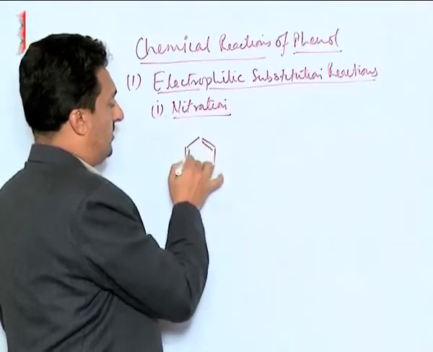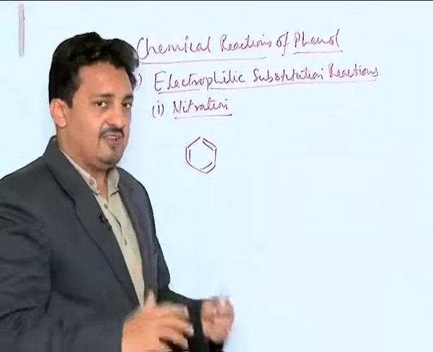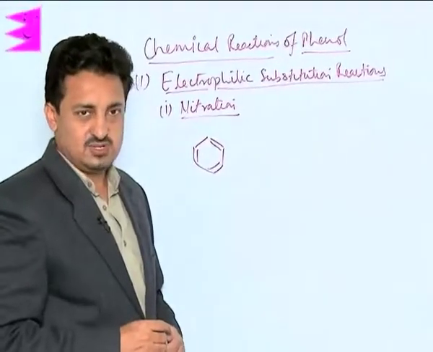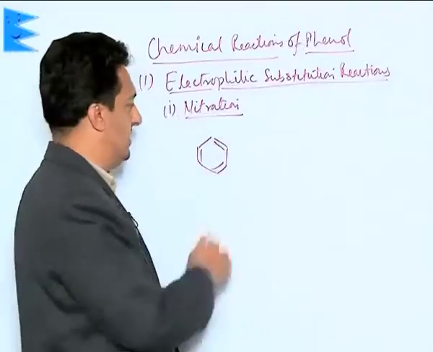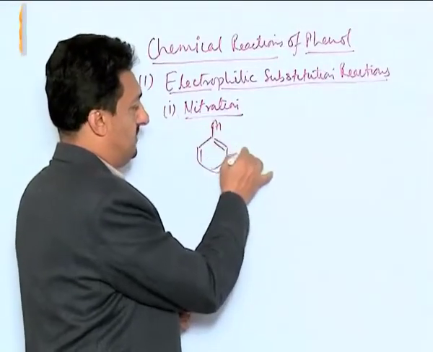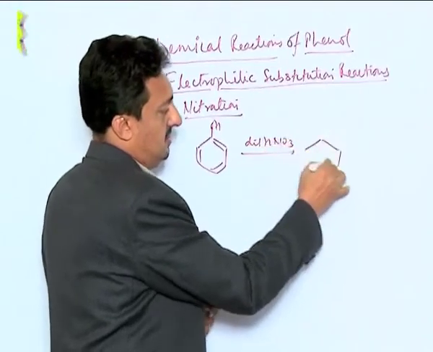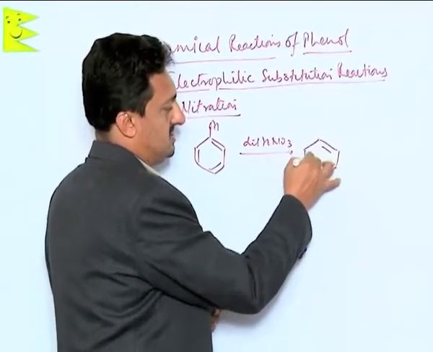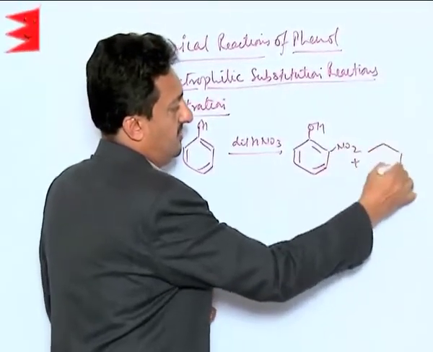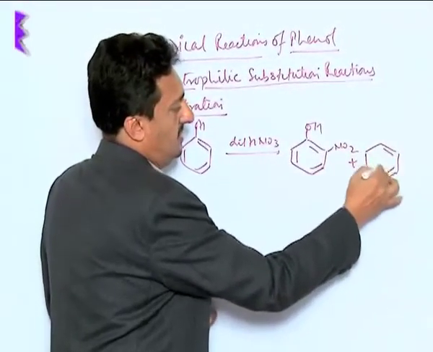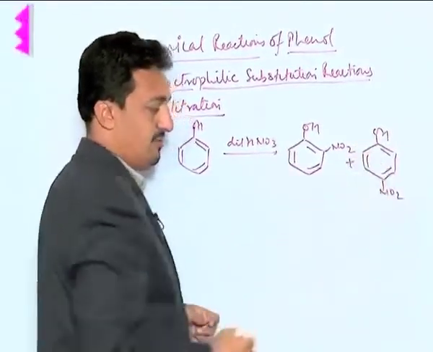What is more important to know is that since it's a ring activating group, we don't need harsh conditions for electrophilic substitution reactions. They can take place very easily on their own. That's the major thing. So when we take phenol and we treat it with dilute nitric acid, what we get is both ortho-nitro and para-nitrophenol.